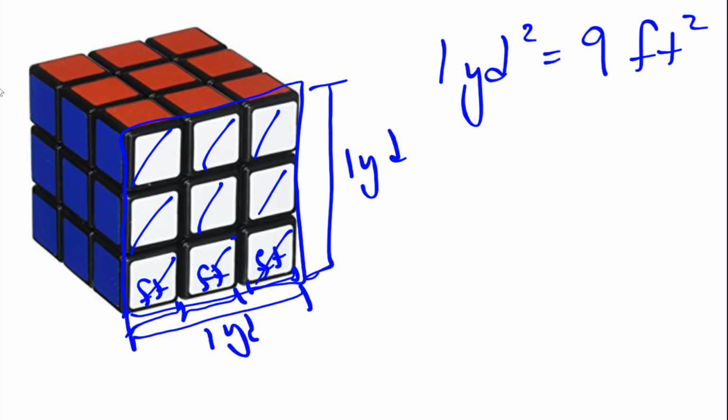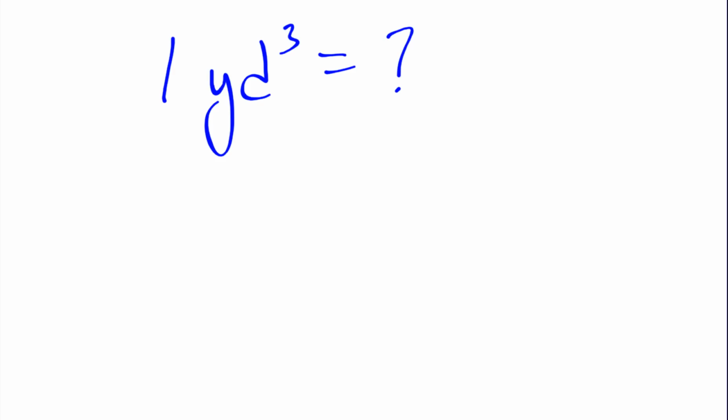Now let's take a look at what happens with the volume. What if we were talking about 1 cubic yard? How many cubic feet would be involved with that cubic yard? So we're going to use the Rubik's Cube again. I like this example of the Rubik's Cube because it kind of shows the different layers.